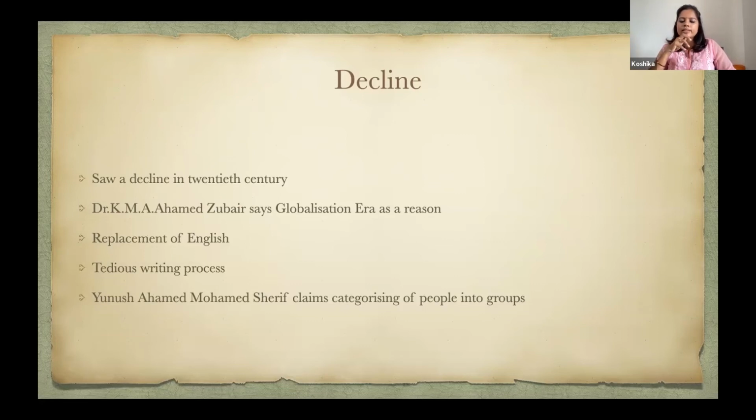This categorizing made people choose Arabic or Urdu as their language, and they started losing their identity. The identity was Arabic Tamil. So Arabic Tamil lost its identity because of these reasons.